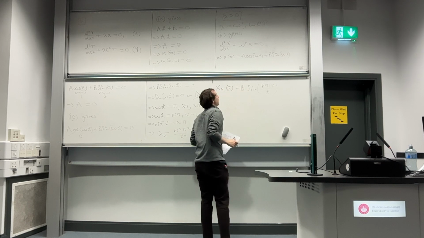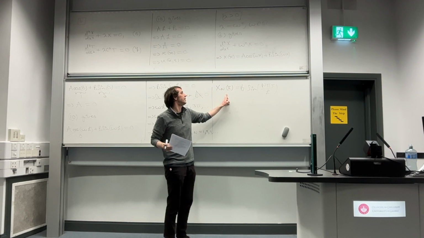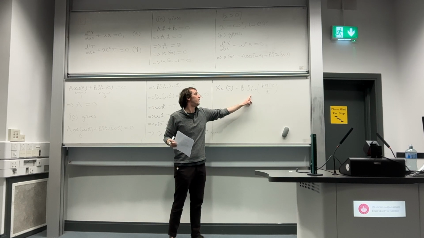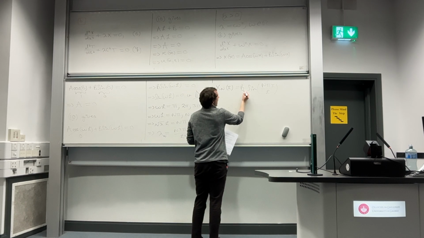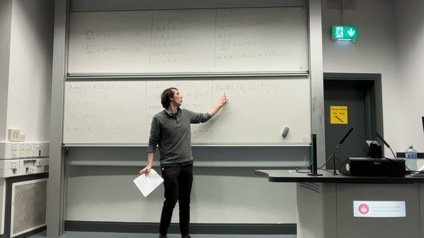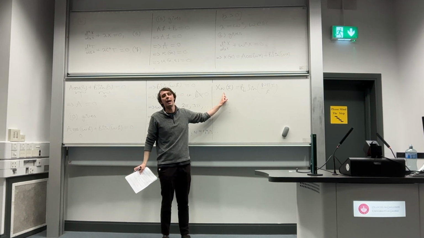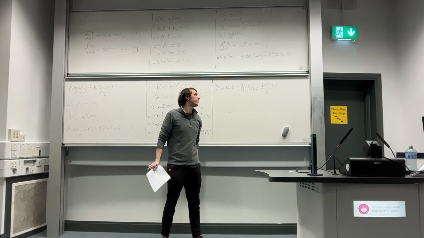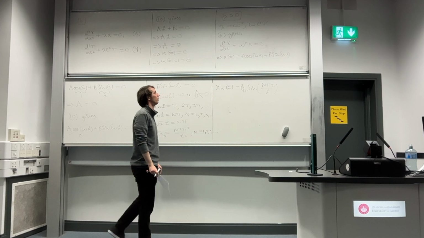And again, to emphasize that these solutions vary with n, I'm going to replace b with bn. So for each value of n, we have a corresponding solution xn, which is given by bn sine of n pi x over L.